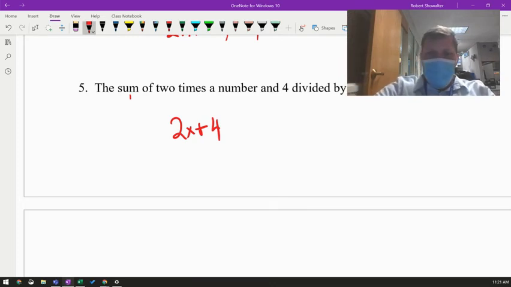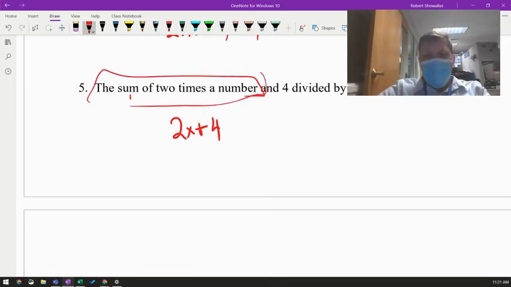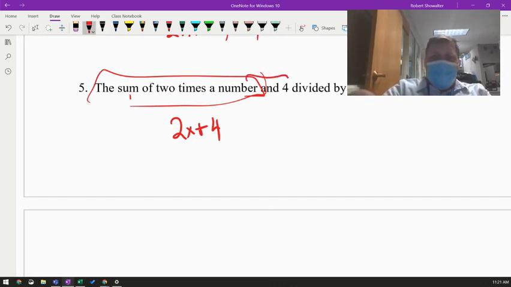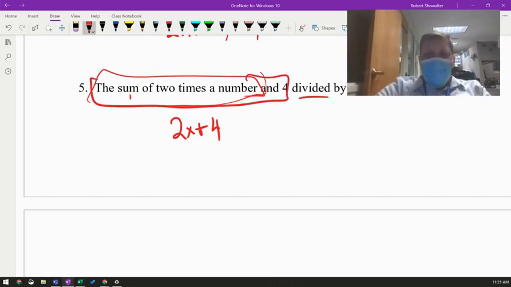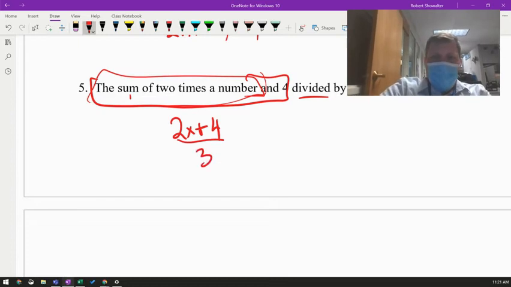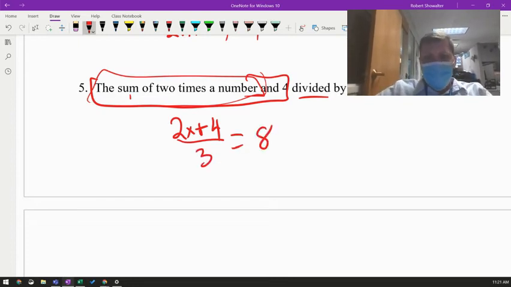So we have, okay, the sum of 2 times a number and 4 divided by 3. So this is another little grouping going on because we have this whole group that we're talking about. This is a group. And then we're dropping in another operation. Divided by 3 is 8. All right, here we go.